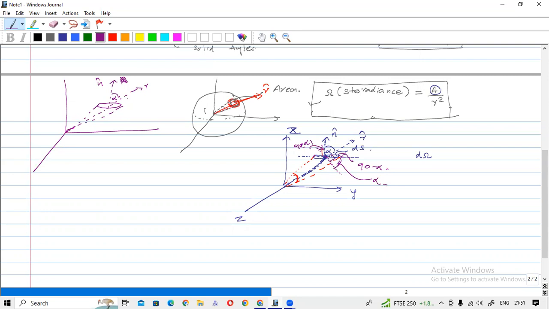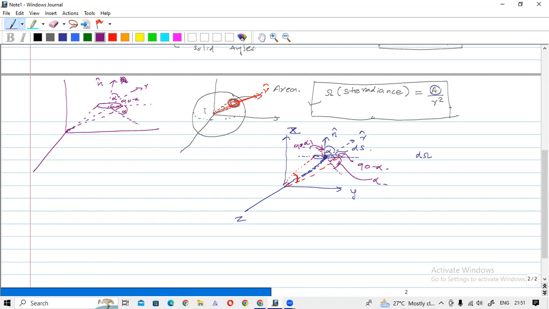If you get a line perpendicular to this one, this is the surface direction, and this will be alpha. So this will be 90 minus alpha, and this will be again alpha.